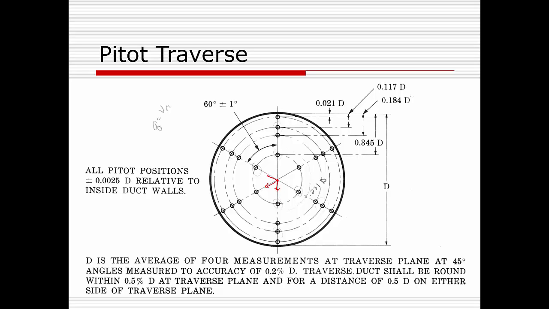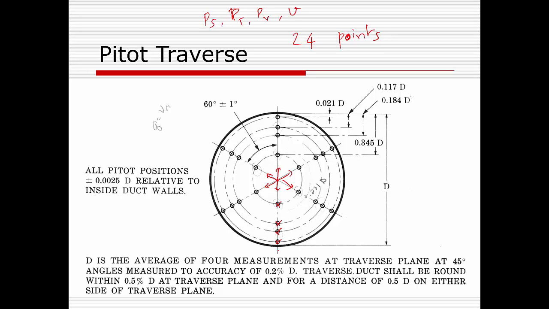If you take 1, 2, 3, 4, 5, 6 directions, and you are measuring at 1, 2, 3, 4, totally you are measuring at 24 points the static pressure, the total pressure, the velocity pressure, and therefore the velocity at 24 points in the tube.